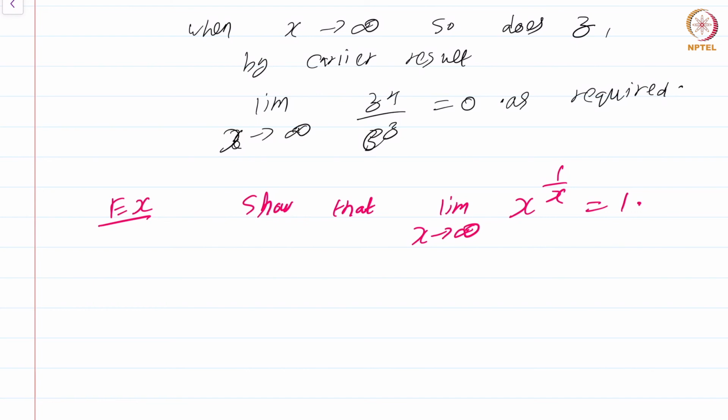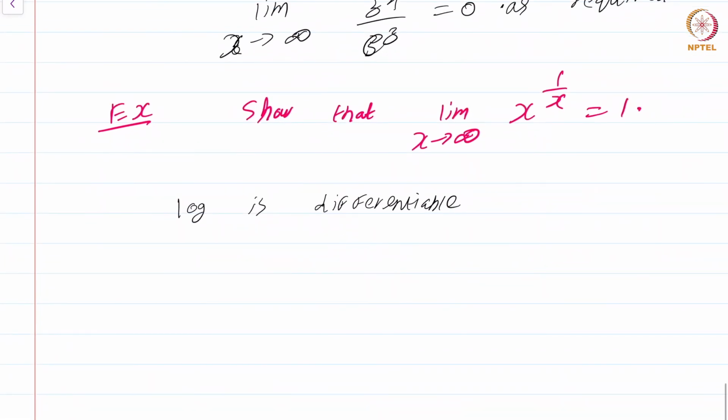What we do is the following. We know that the function log is differentiable. That's how it was constructed as an inverse of the exponential function. We essentially created the log function using the inverse function theorem. Therefore, it's differentiable at the point 1.